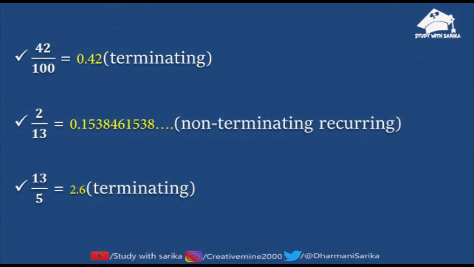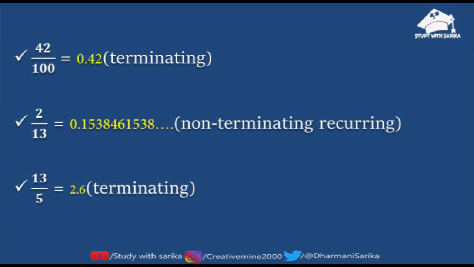The next number is 42 upon 100. Its decimal expansion is 0.42. So this is also a terminating rational number because the number terminates its value after 2 places after the decimal point, which is 0.42. So it is a terminating kind.